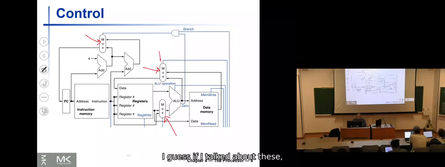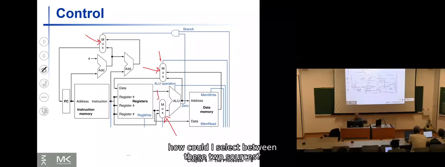I guess if I talked about these, I talked about these. What are the 2 sources? So if you now understand what the sources are, you should be able to say how could I select between these 2 sources? For example, this one.